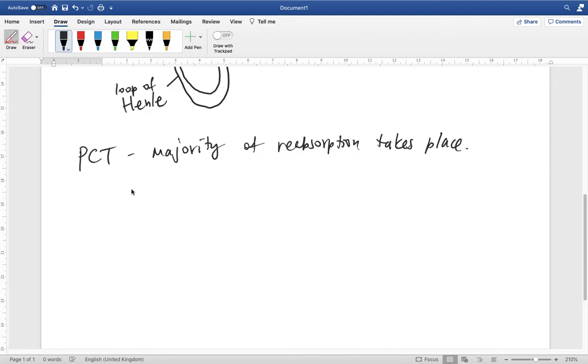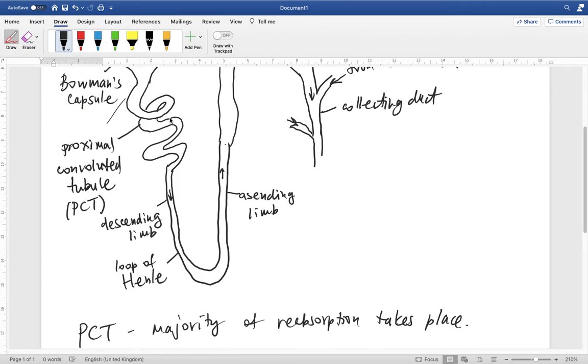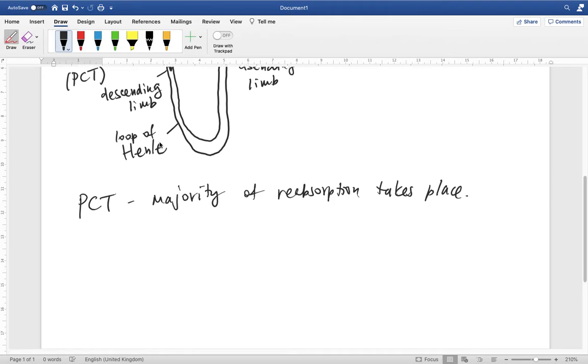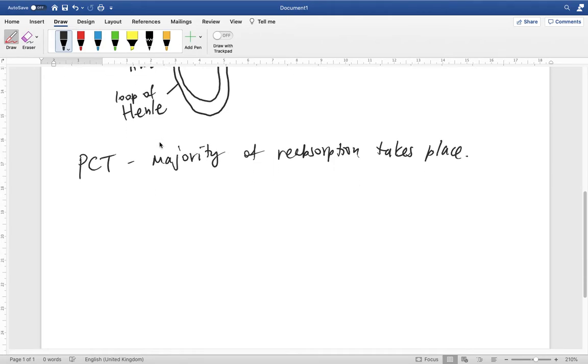So what I'll do next is, if I have a section of the PCT, so imagine I took a little section from here, and I'm going to enlarge it to see what's going on inside the PCT. So imagine that's my tubule section of the PCT. I'm going to have capillaries running alongside the PCT on both sides, actually, because they're swirling around and wrapping around the nephron, so absorption can take place on both sides.